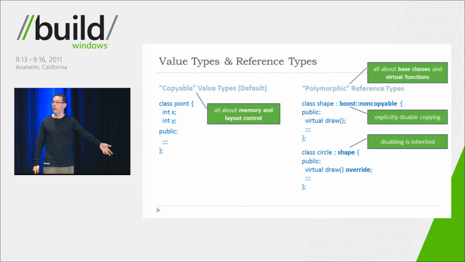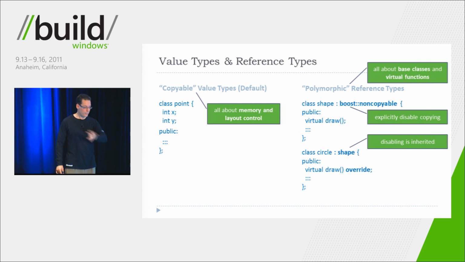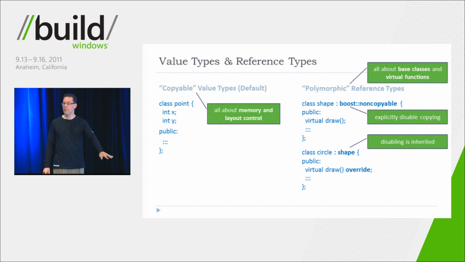And then I have virtual functions. And by the way, I can say virtual draw override. That compiles in Visual Studio 2010. I don't know if you knew that. But the standard only adopted that later. Fortunately, they adopted the same syntax we already shipped. So in the developer preview you have now, you can write this brand new C++11 code that was only invented two years after we wrote it in the compiler you were having before.